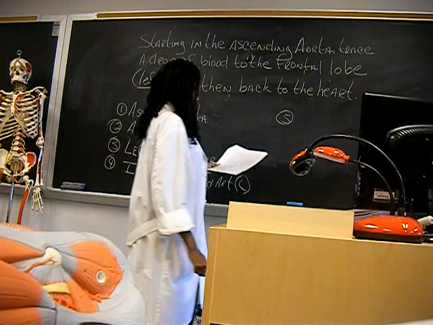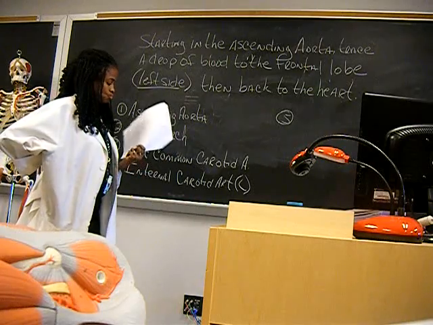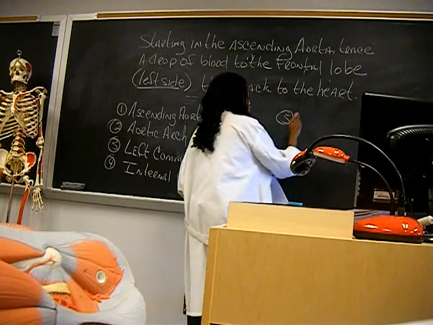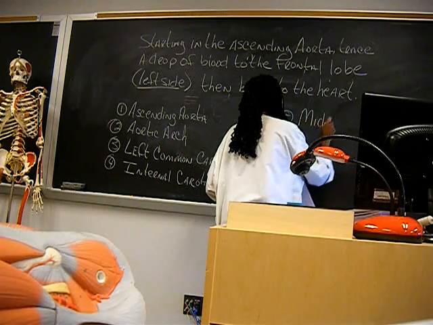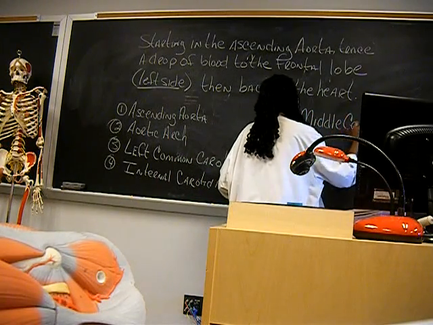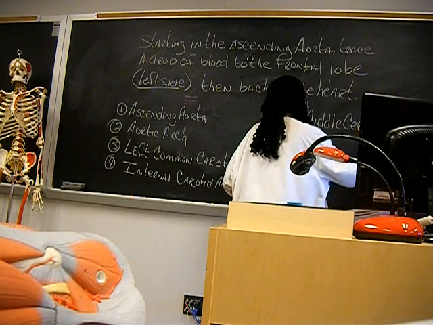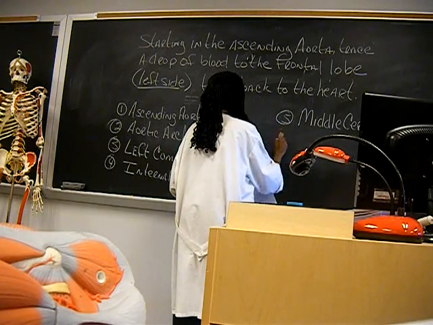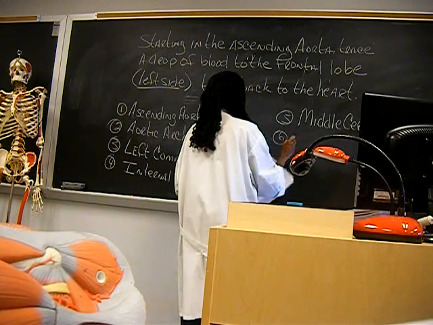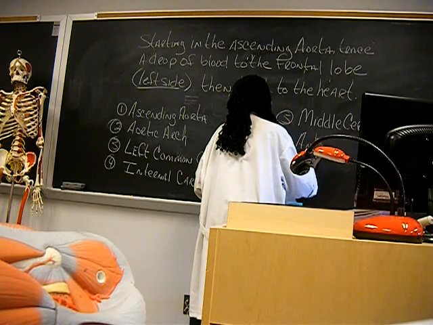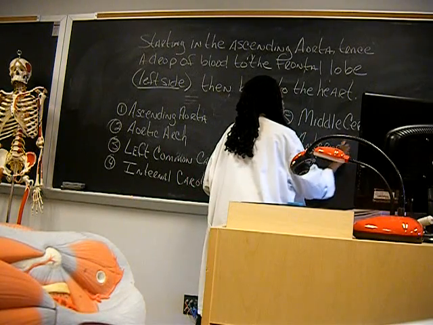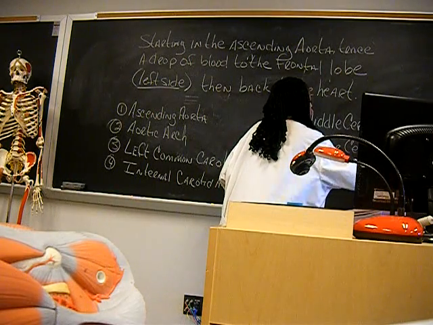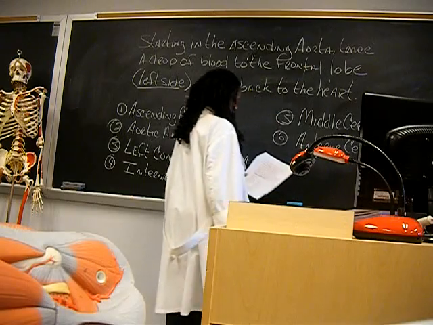And then my internal carotid, because we're going to the frontal lobe. So from that internal carotid, I will touch a little bit of that middle cerebral artery. And then I'll go out that anterior cerebral artery, because that artery is going to touch the frontal lobe.